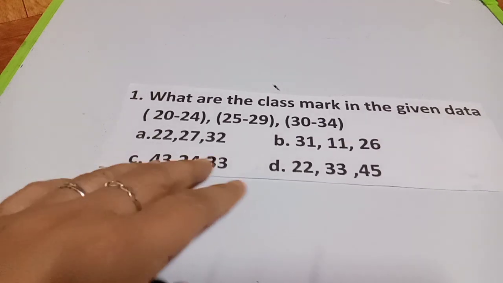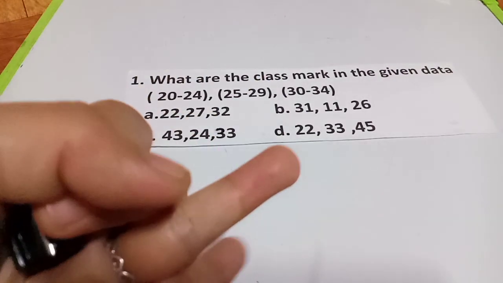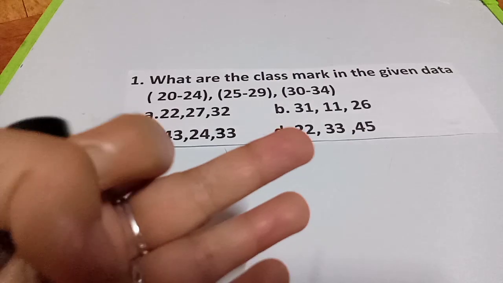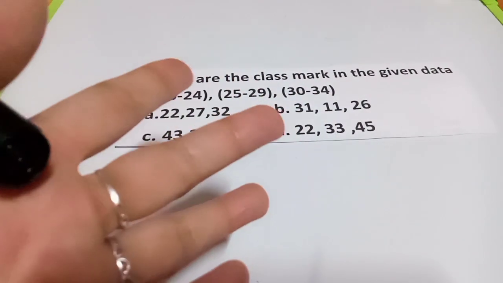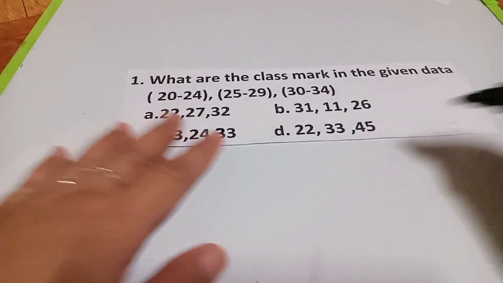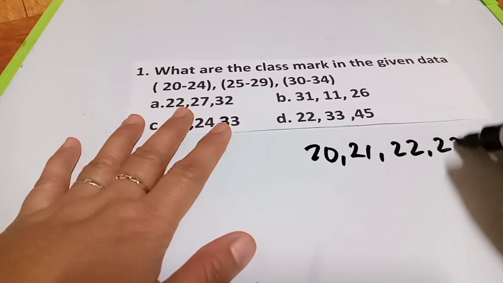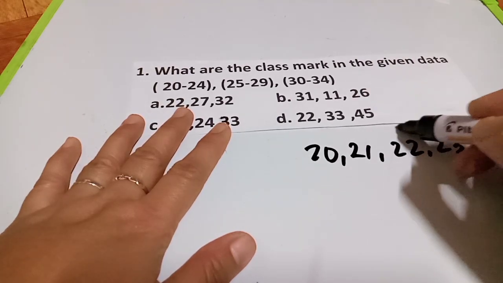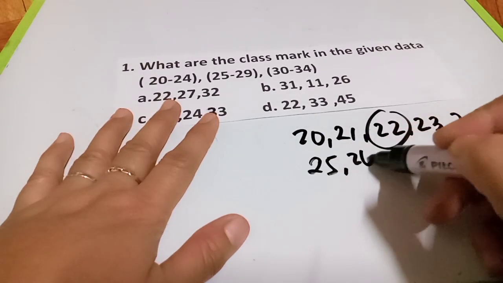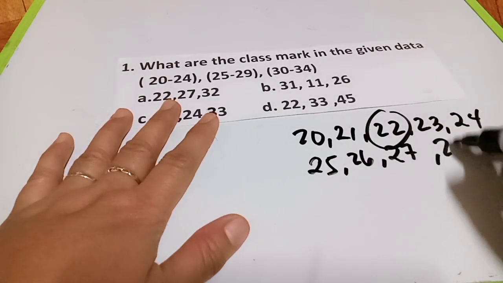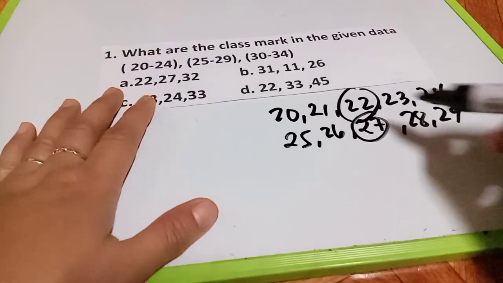So if we have 20 and 24, you don't have to solve it by listing 20, 21, 22, 23, 24. What will be the center? The center will be 22. For 25, 26, 27, 28, 29, the center will be 27.